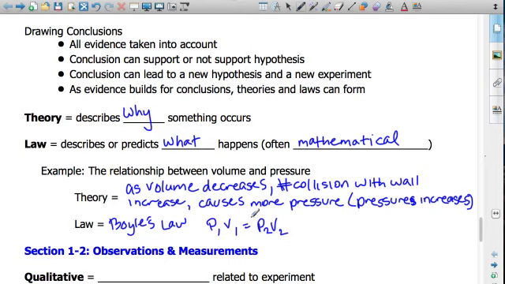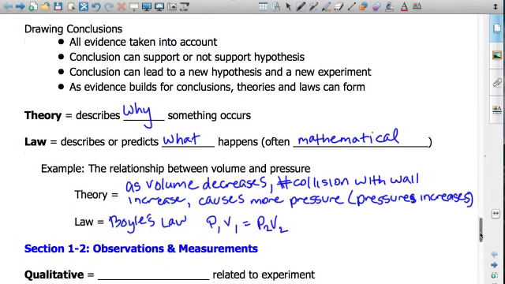There aren't that many laws in chemistry. We will talk about 5 or so gas laws. Those are probably the most popular laws. You've heard of the law of conservation of mass, and some others last year. But again, laws aren't very common.